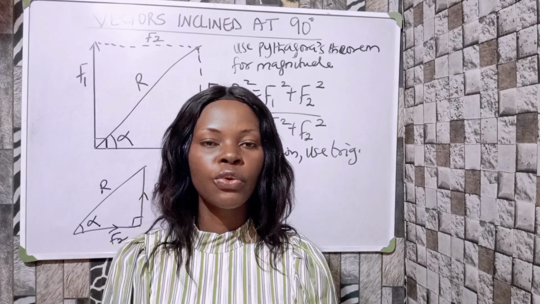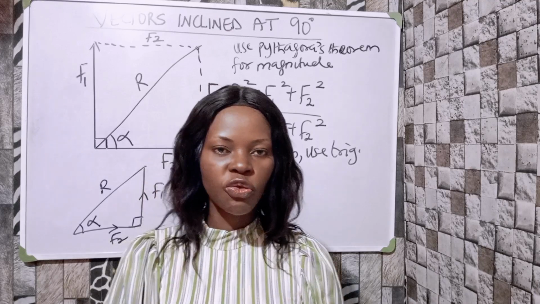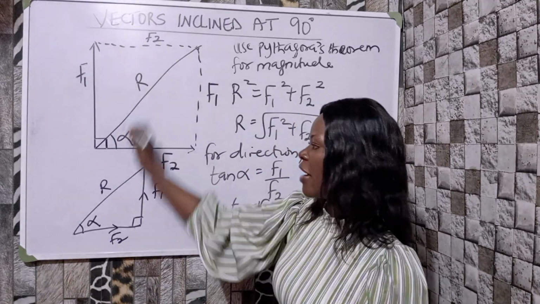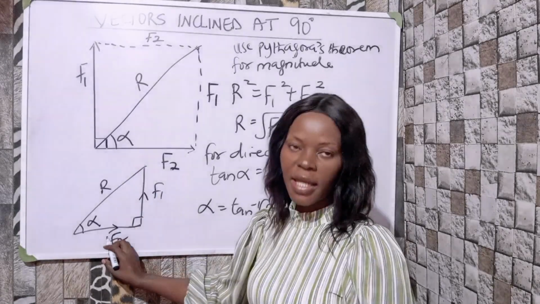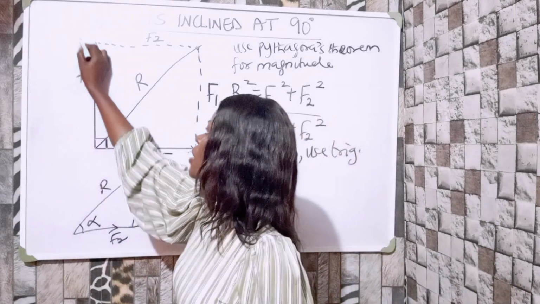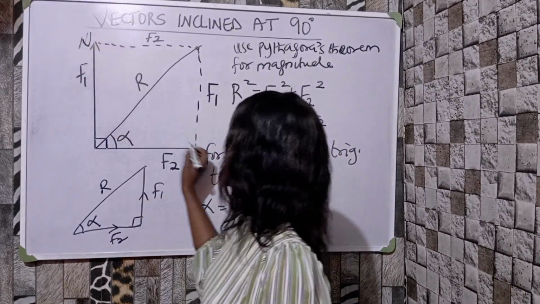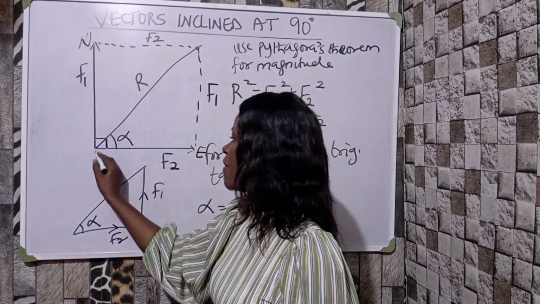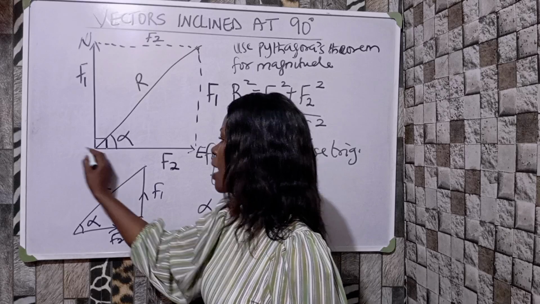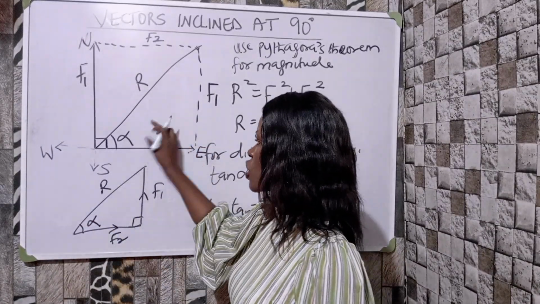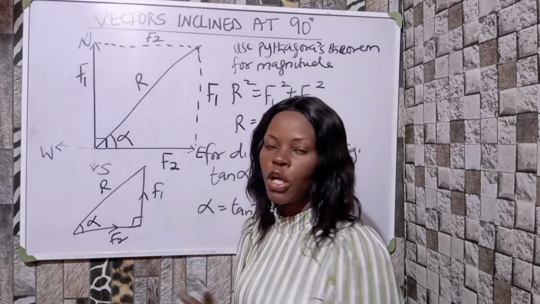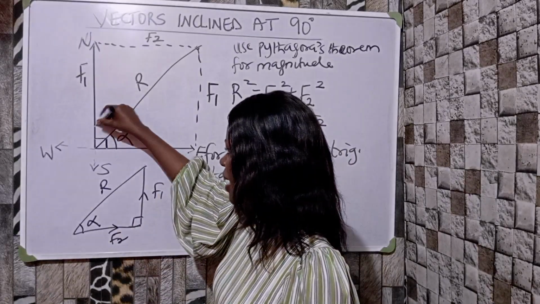Now mind you that this is not the true direction. Why is it not the true direction? We cannot take our true direction from here, the horizontal. Looking at the four cardinal points, this is north, and this one is east. If I extend it, I have south, while this is west. So since my direction is gotten on the horizontal, I'm going to look at this to get the angle here.